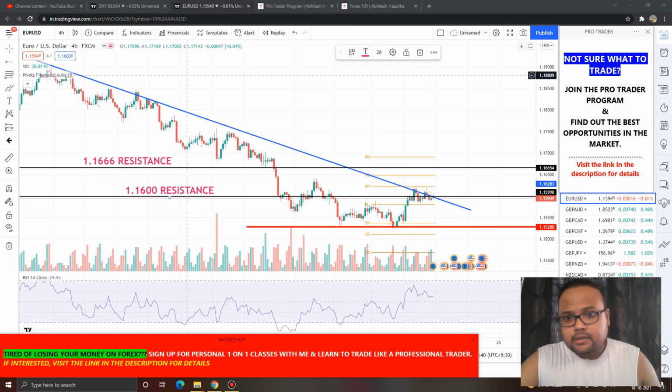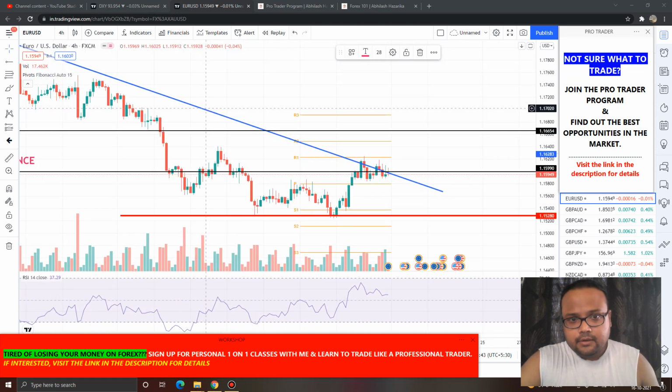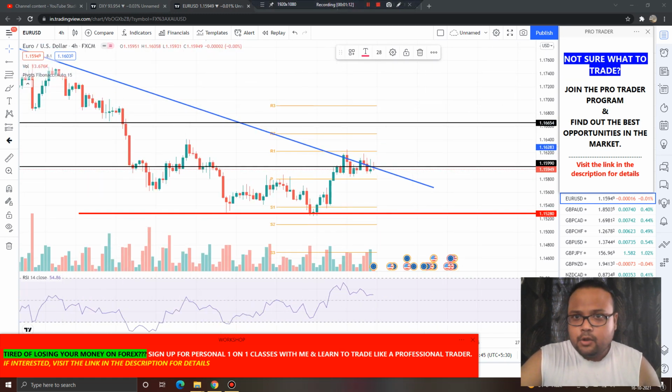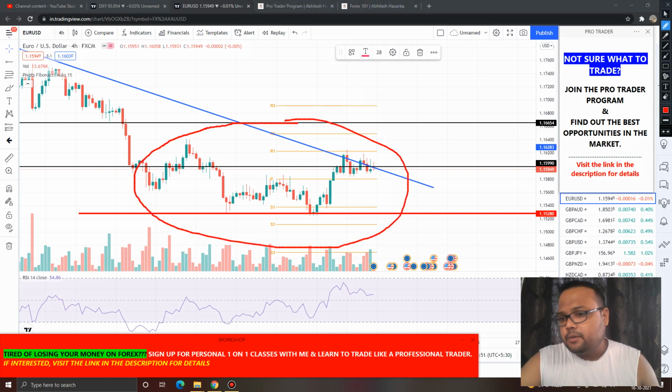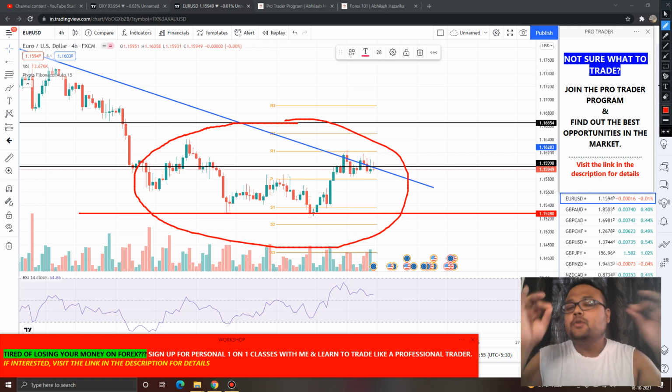Okay. So the second point that we need to focus on here is that the overall chart of Euro USD may be towards the downside. But if we just focus on this particular portion of the chart, we can see that right now we do not have any present trend here.